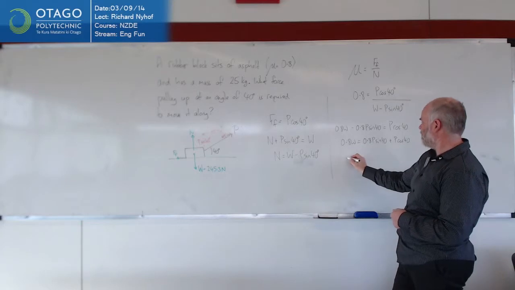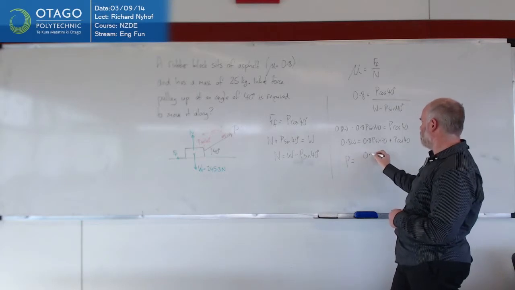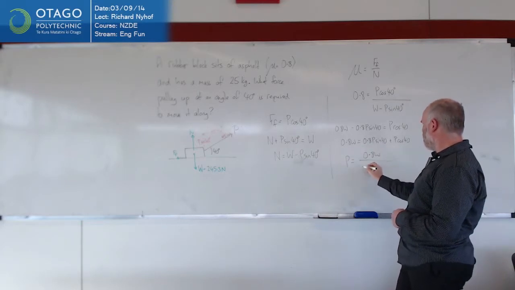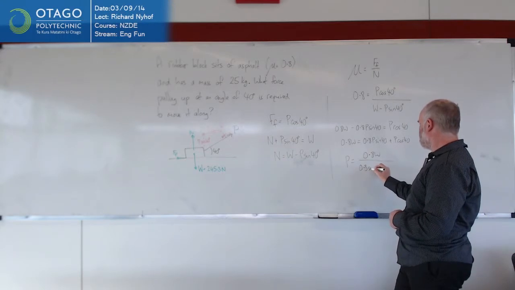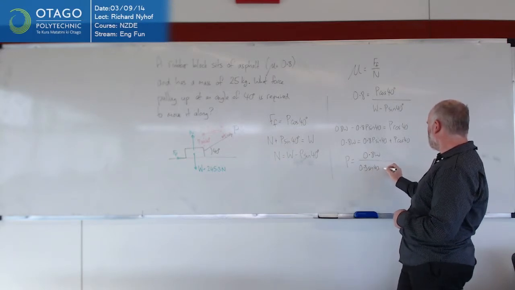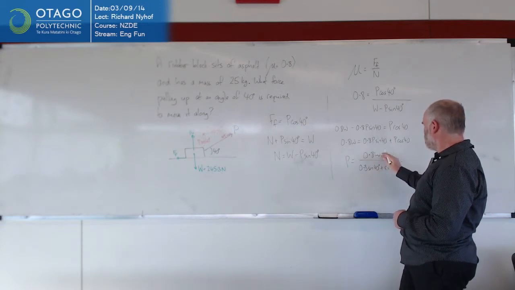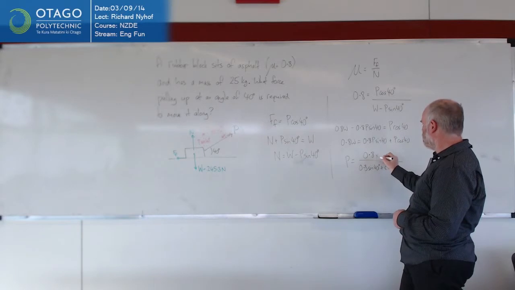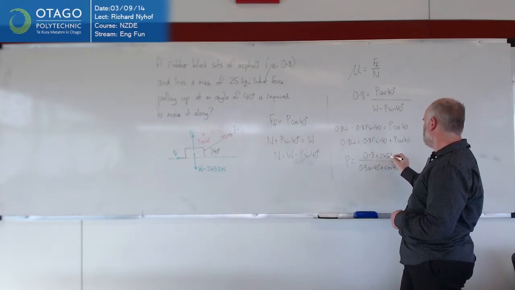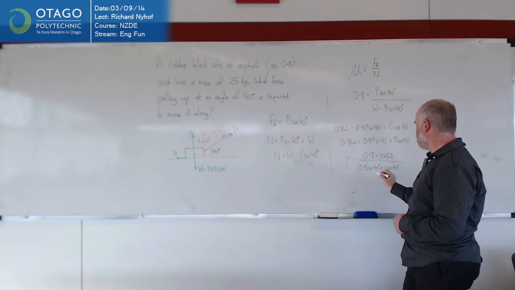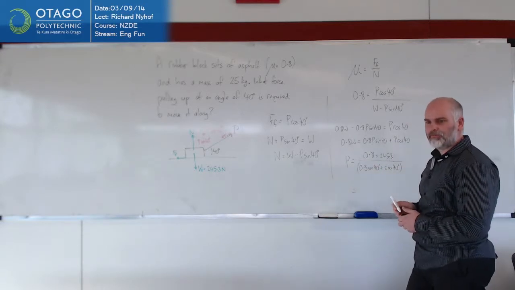Factor a P out the front and do a division. So P equals 0.8 W divided by 0.8 sine 40 plus cos 40. W I've got a number for. And all I have to do now is push some buttons on the calculator.